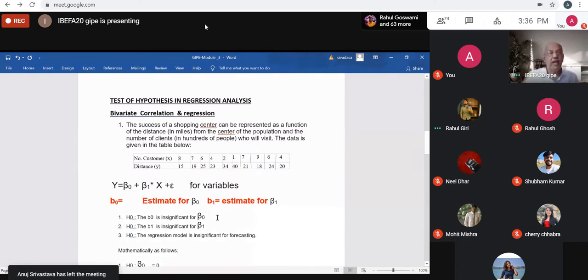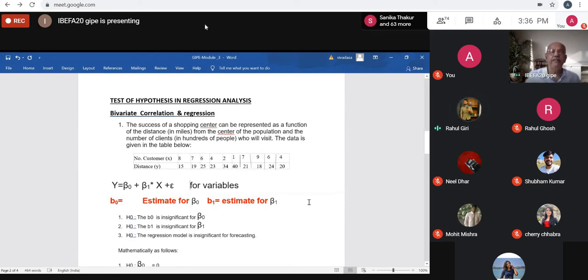One, B0 is insignificant for beta naught or significant. B1 is insignificant for beta 1 or not. Irrespective of the conclusion of the two, is our regression model significant for forecasting or not?